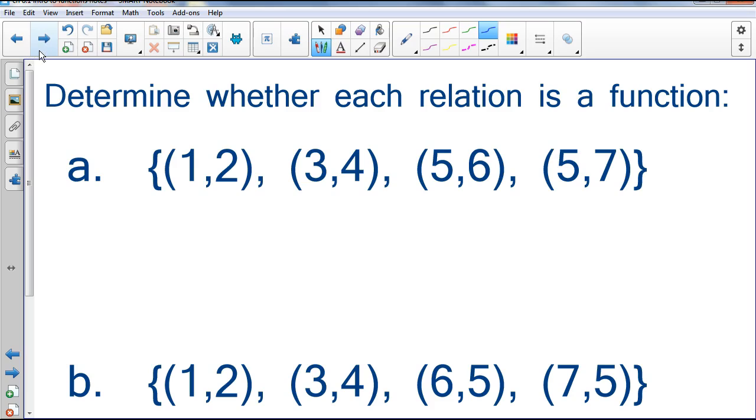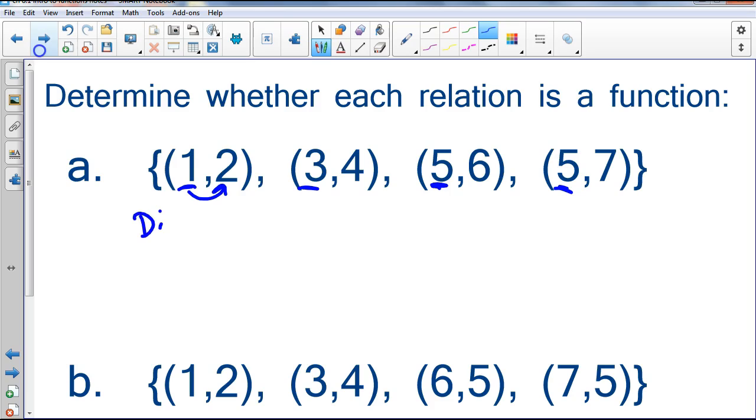So what we're going to do now is just practice, determine whether each relation is a function. So what you do is you look to see, for every one domain, is there one range? So I look, 1, 3, 5, and 5. 1 has only one range, right? Yes.